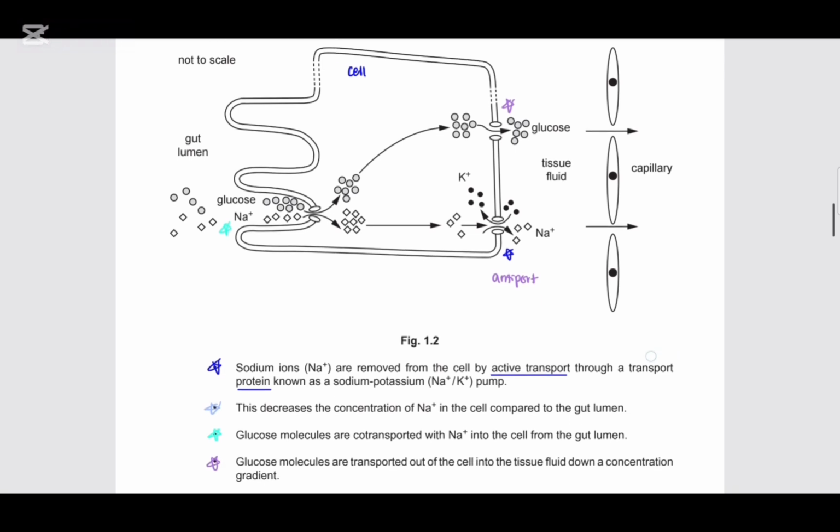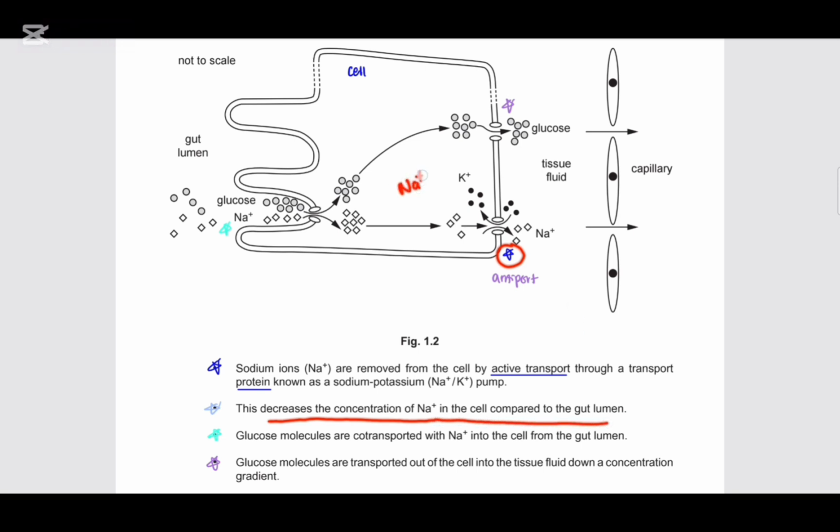Next, because of what's happening here, it decreases the concentration of sodium ions in the cell compared to the gut lumen. So now the concentration of the sodium ions here in the cell is lower compared to the gut lumen here. So there's reduction. Okay, we got that noted.